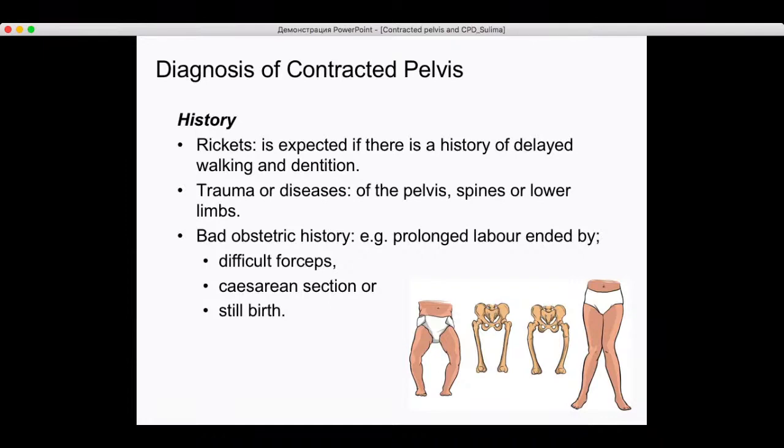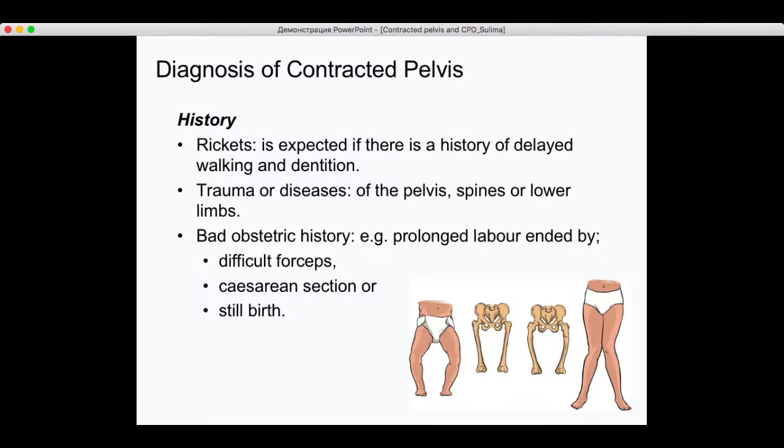Ask about trauma or disease of pelvis, spine, or lower limbs, and bad obstetric history if she is not a primigravida, if she has experience in childbearing. Maybe obstetricians used forceps during a previous delivery. Maybe she had cesarean sections.